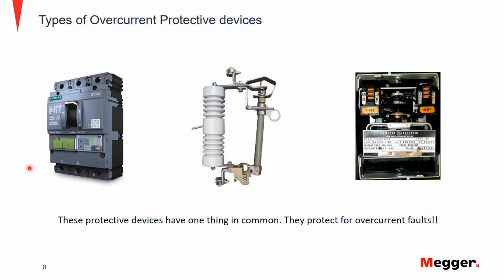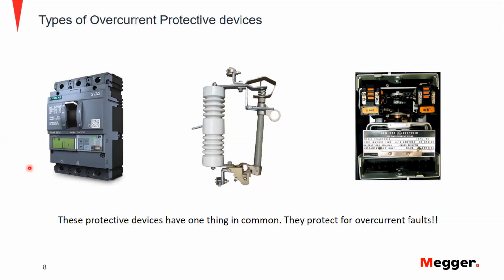We have a few arc chutes and other ways that it's made internally, but we're not going to go over those. But it is a trip-free device, and that is nice to know, because you can't just simply hold the handle and prevent it from tripping, like I've seen people do with some lockout relays years ago.